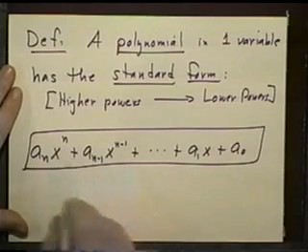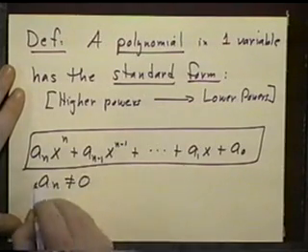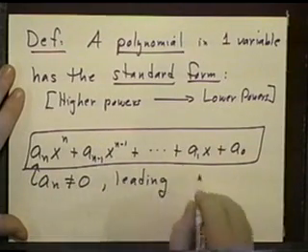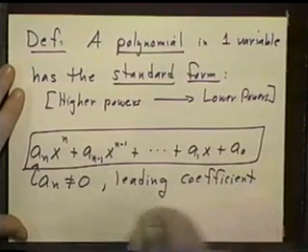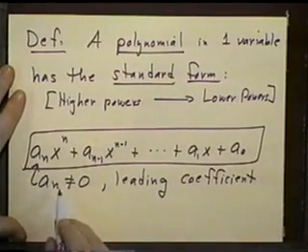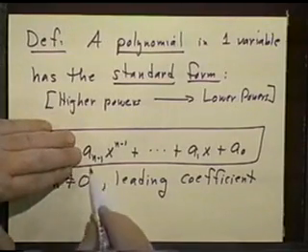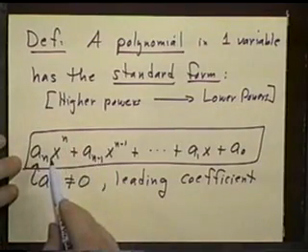And these go down. We always assume that a sub n, the original one starting at the beginning, this is called the leading coefficient. Remember, all those constants are called coefficients. This is called the leading coefficient because, well, it leads. We always assume that's not 0 because if it were 0, we could have started the polynomial here with a sub n minus 1. So we always assume that the first one that we start with is non-zero.